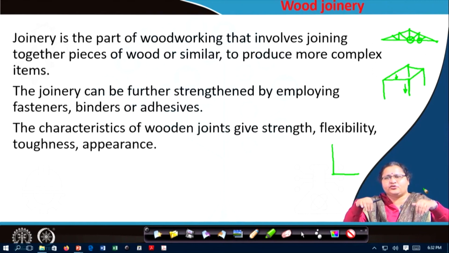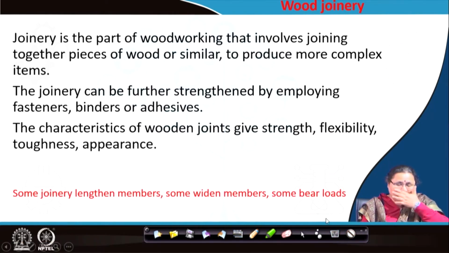Whenever they are subjected to compression, the xylems and phloems should be in the vertical direction. So they ensure the strength of the member. So some joineries may help to lengthen members, some may be required to widen members, and some joinery may be for bearing loads.